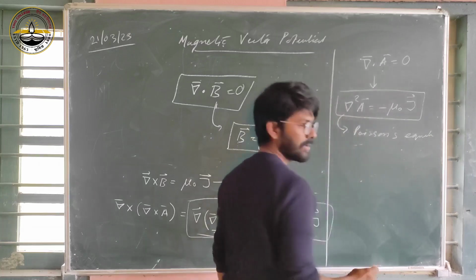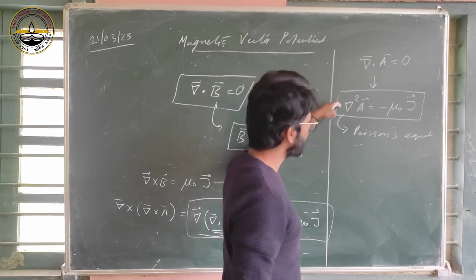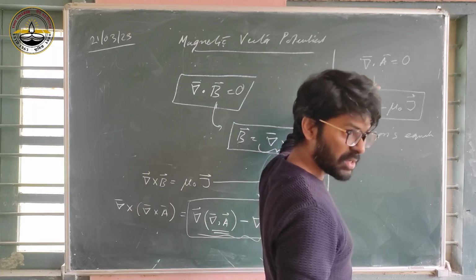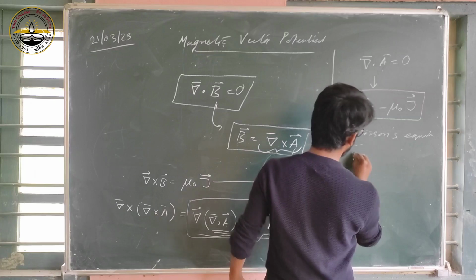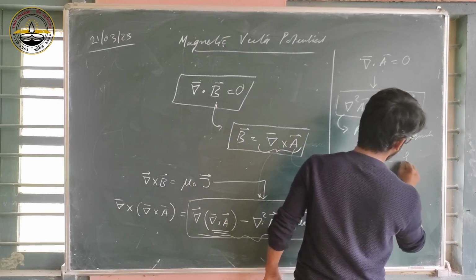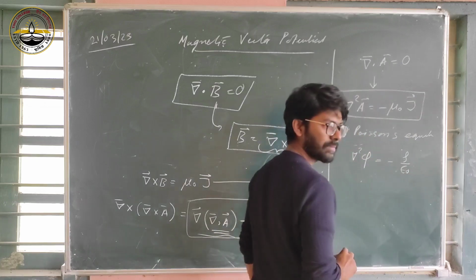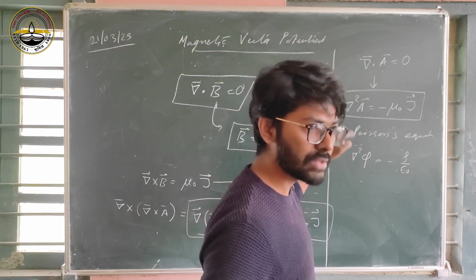Poisson's equation, okay? And I don't know if you got this in electrostatics or not. In electrostatics, it will be in this form, del square of phi equal to minus rho over epsilon naught. Exactly, this comes again from your Gauss law.